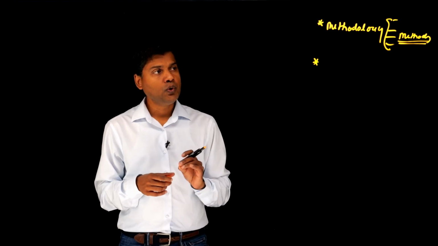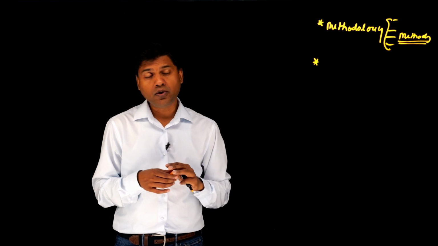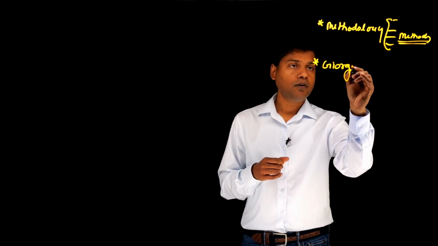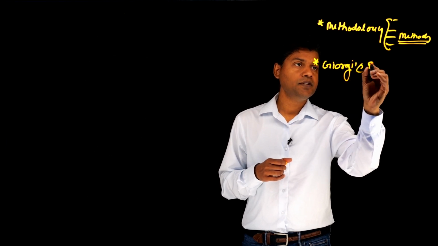In this video, I'm going to talk about three methodologies. We will cover one, and then we will cover the rest in our next videos. The first methodology that we are going to cover in phenomenology is Giorgi's Descriptive Phenomenology.